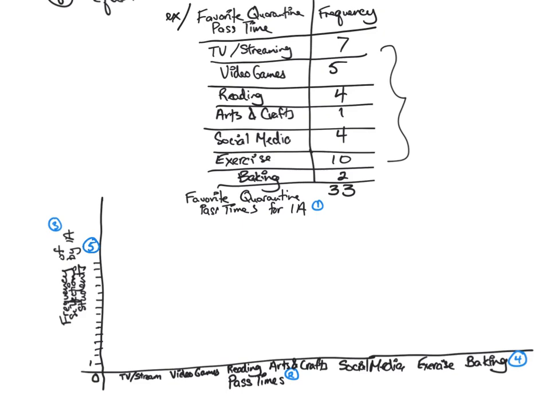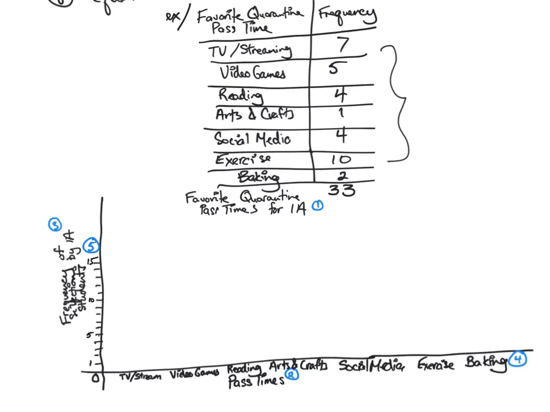And just to make it easier, so number 6, accurate numbers from the frequency table.